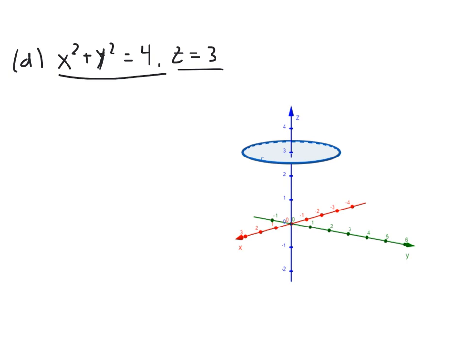You can confirm, for example, on the previous one, that the cylinder does intersect the x and y axes at plus or minus 2. You can confirm that this circle is exactly what I'm saying it is. Unfortunately, I can't get those applets to work in the videos, so you'll have to go there separately. But I will post those so that you'll be able to play around with them as we go.